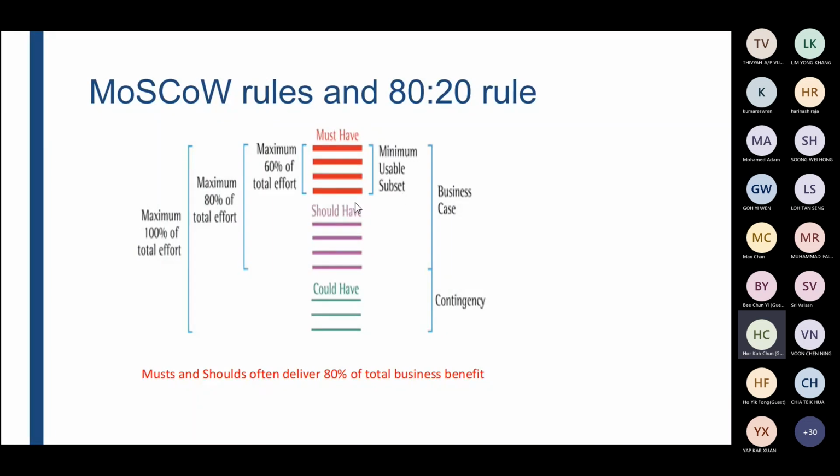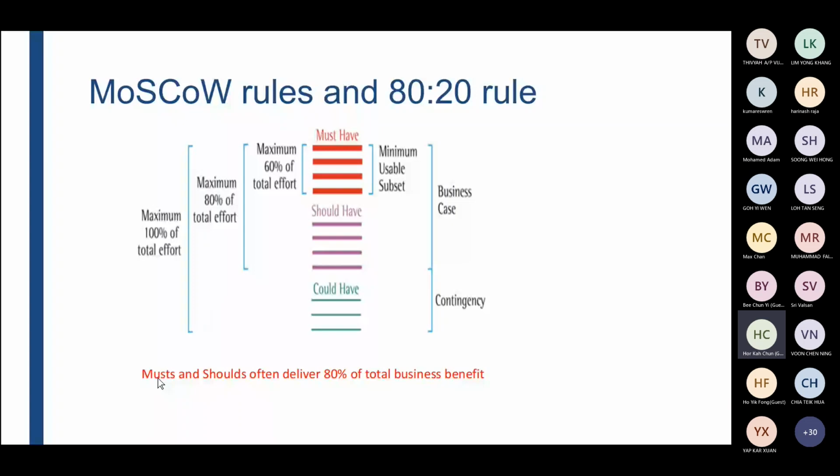The rest we can pay less attention to, or use the balance of 20% effort to get it done. But the must have is the priority. That goes into what we call the business case. The 80% effort goes into the main business case, and the rest we can consider as a contingency plan. Could have is considered a contingency or backup plan.